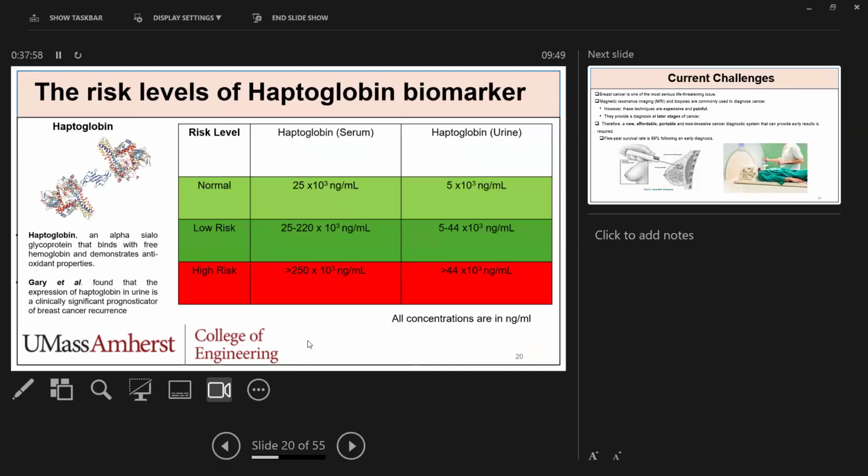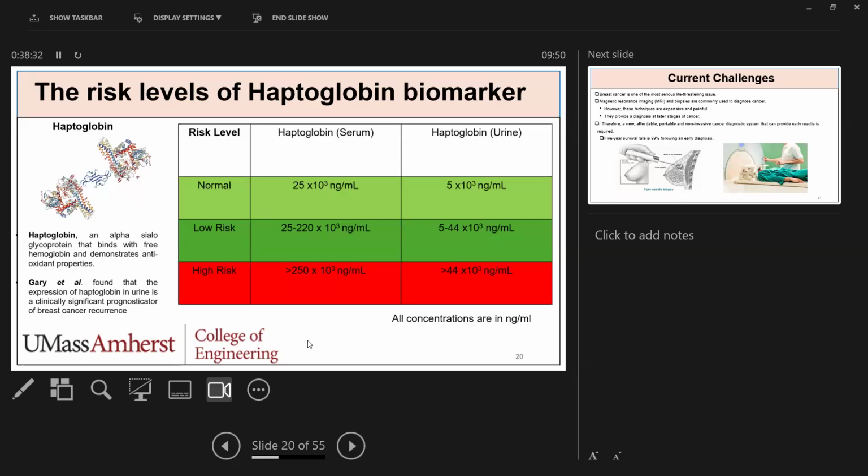To start any research, after selecting the particular cancer I am going to work on and the particular biomarkers, I need to understand the levels of these biomarkers. For example, haptoglobin is present in both serum and urine. Normally the level of haptoglobin in serum is 25 × 10^3. However, in urine, it is 5 × 10^3.